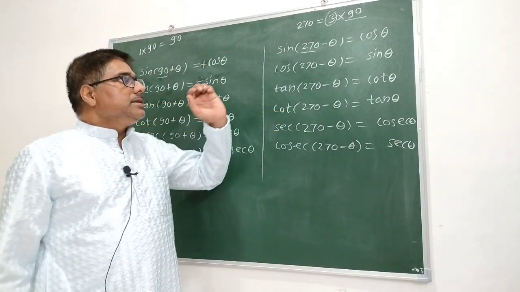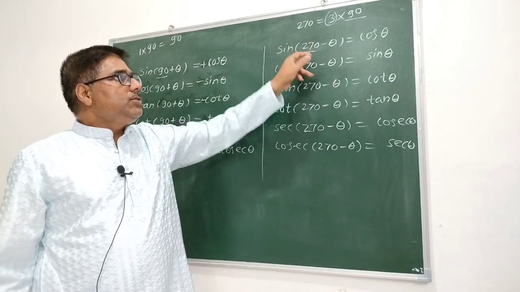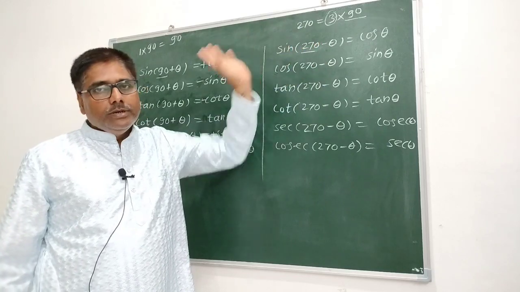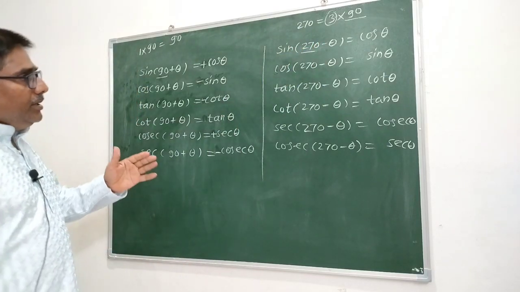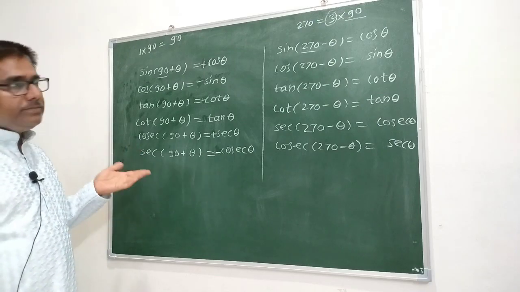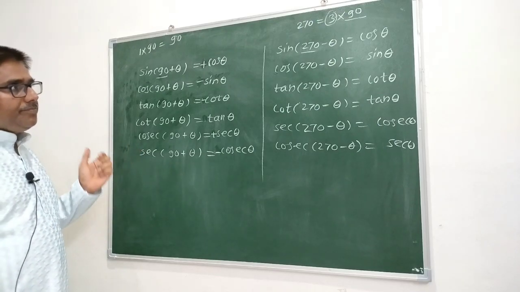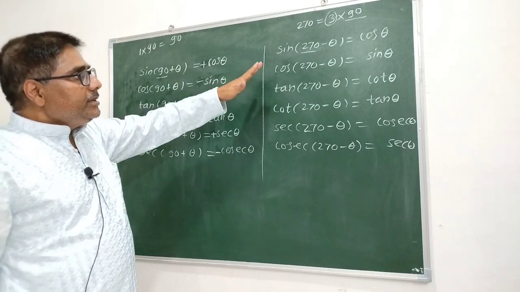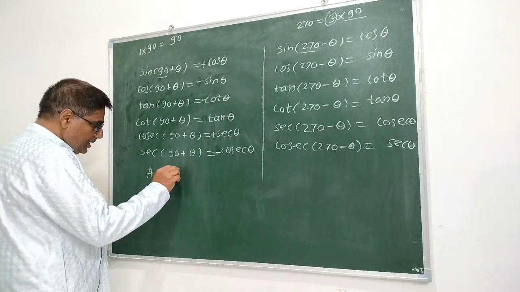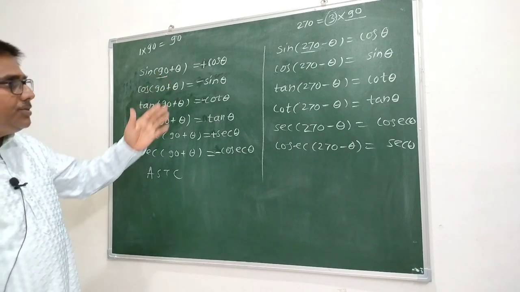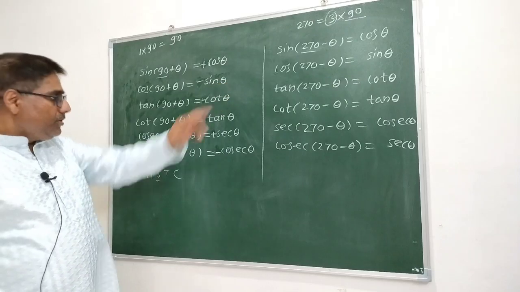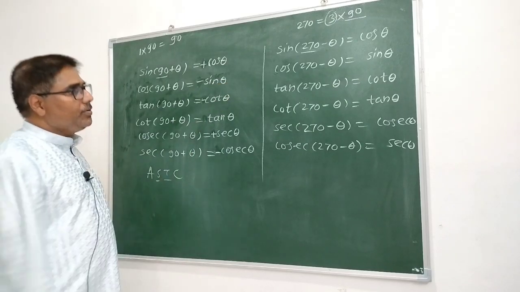Whenever we subtract something from 270, then we will land in third quadrant. 270 minus something is third quadrant. Therefore, in third quadrant, as per ASTC rule, all silver tea cups: first quadrant all positive, second quadrant sine and cosec are positive, third quadrant tan and cot are positive.